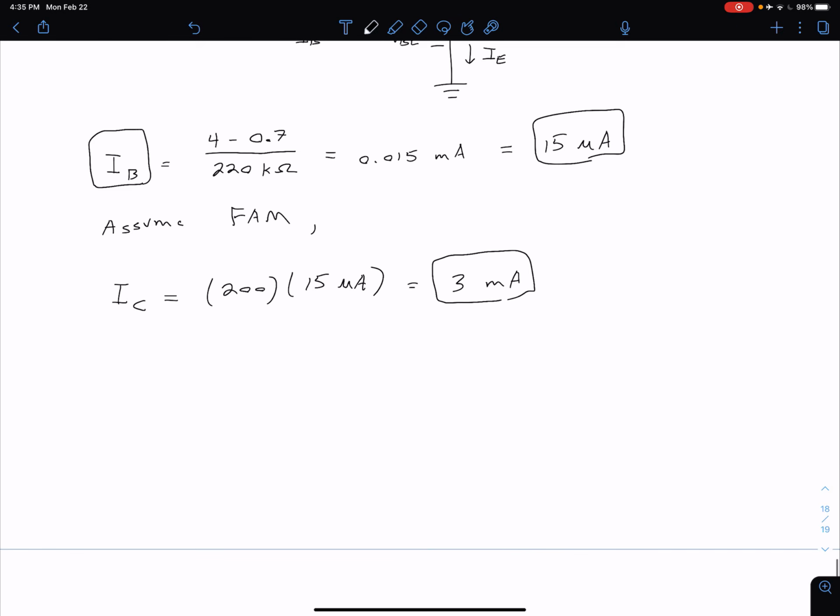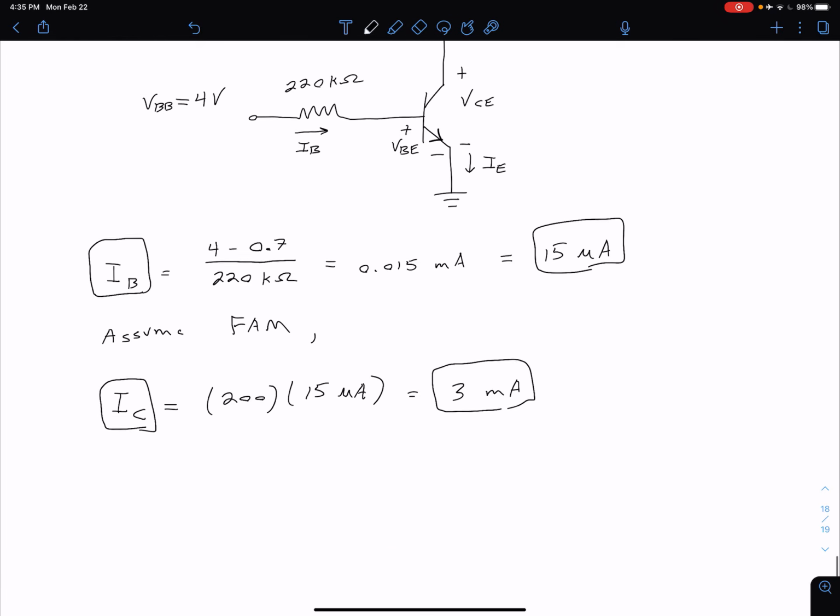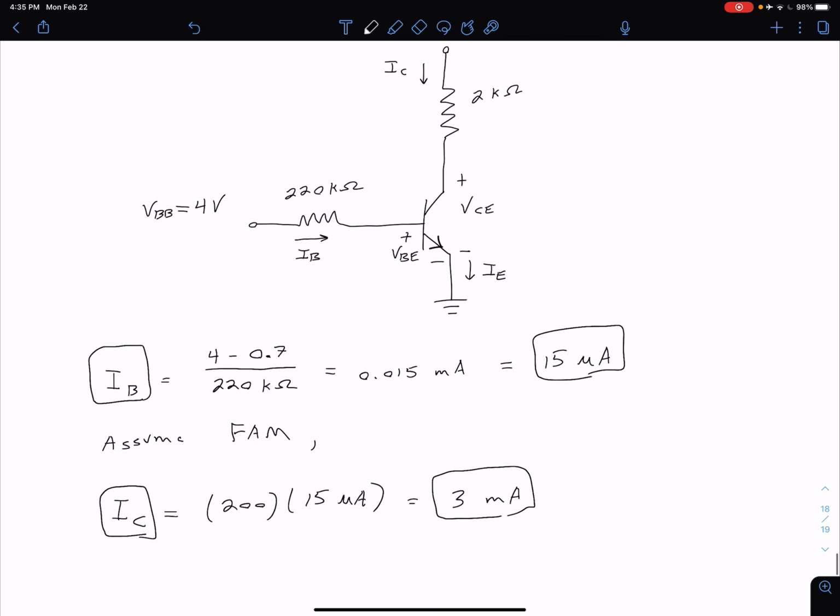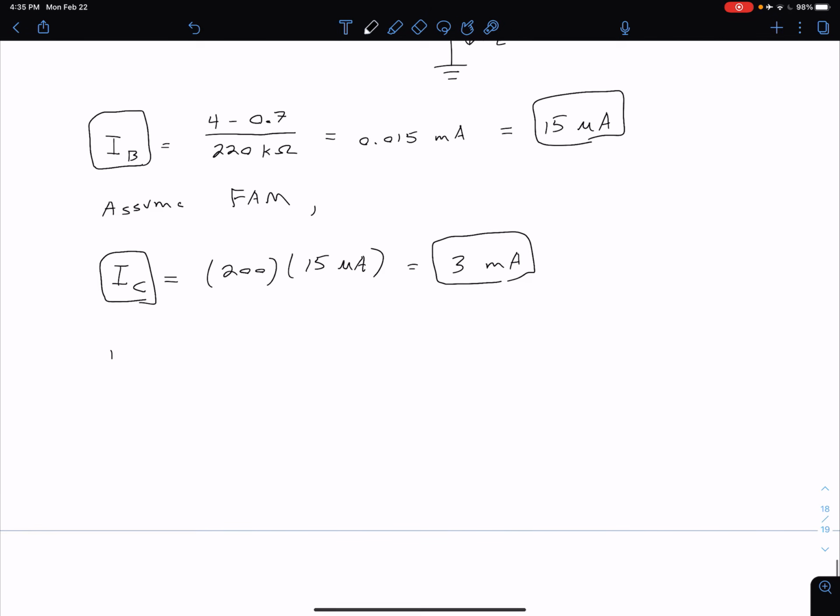All right, so moving on, we need one more current. Our last one is our emitter current, IE. Regardless of what mode we're in, we know that our emitter current is always equal to the sum of our base current and our collector current. So we plug in values for that. We could also write this a little bit differently. We could say this is 1 plus beta times our base current, or we could also say this is IC divided by alpha.